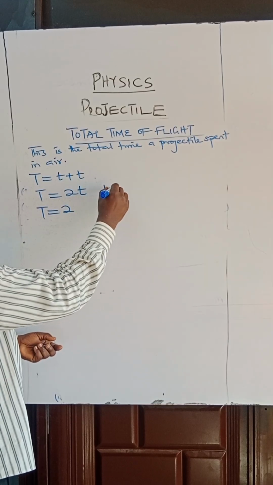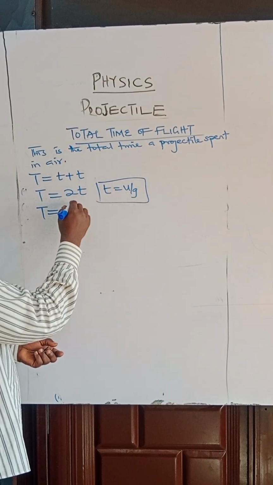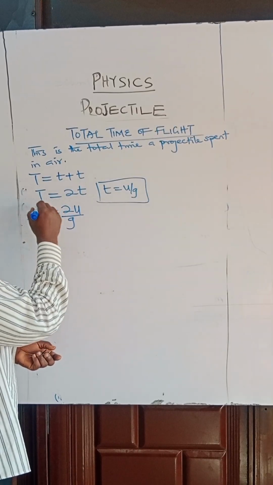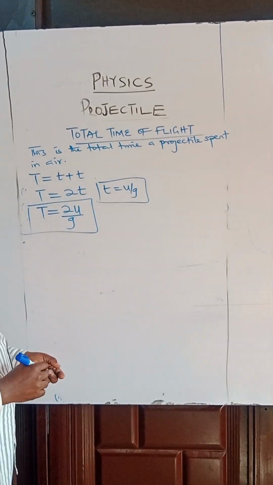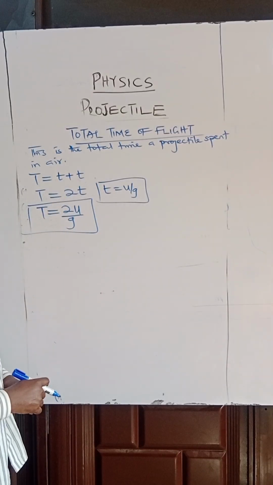Recall that t = u/g, which we have derived. So put it here to be T = 2u/g. This is the time of flight, the total time spent in air. That's the formula for that.